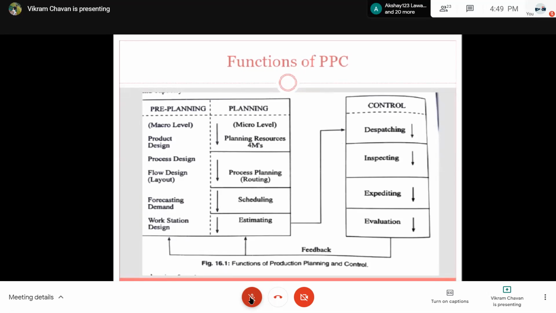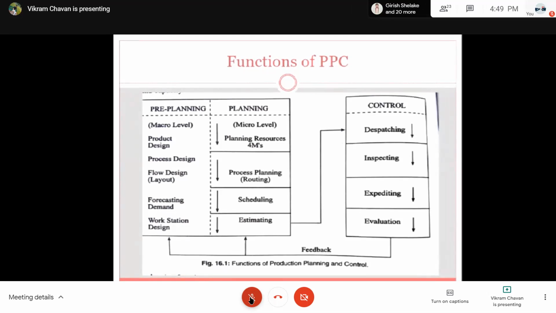So this planning phase, that is after pre-planning, the second category of functions of PPC, is nothing but planning. Micro planning, you might expect, is the opposite of macro. It involves lots and lots of details and a very intense schedule to get the work done.